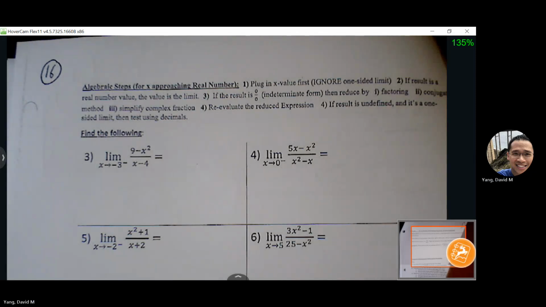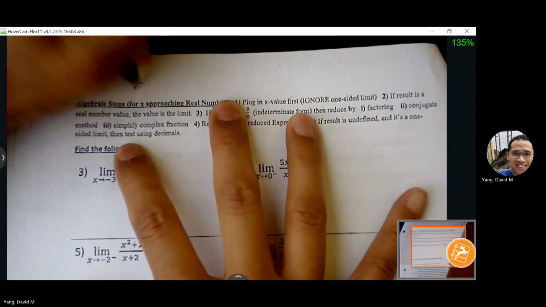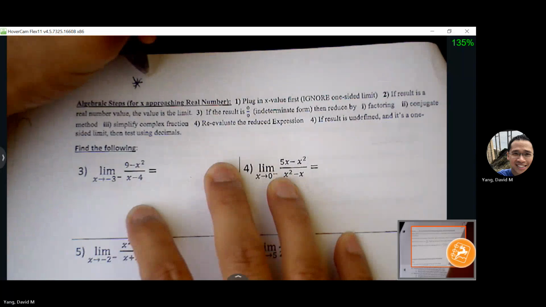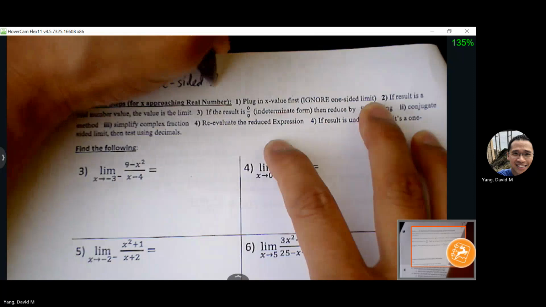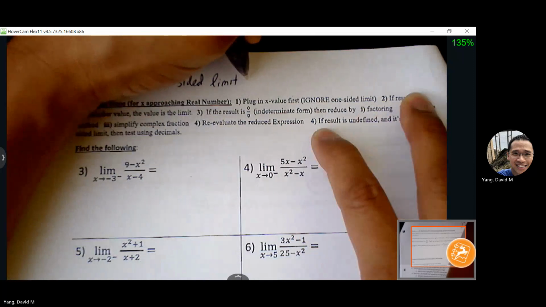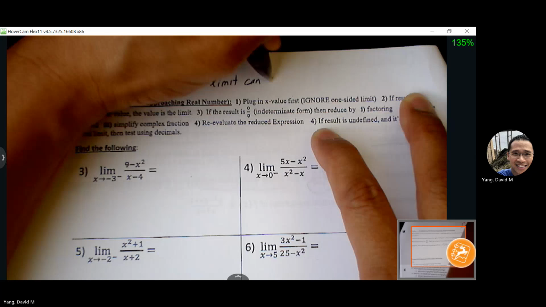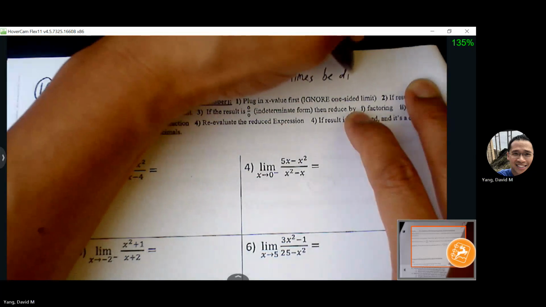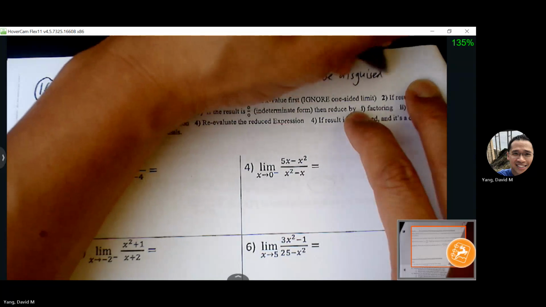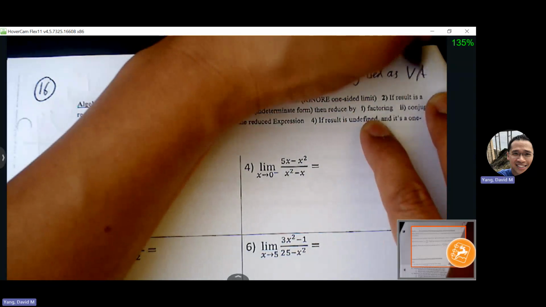Now, here's the danger that students experience: from now on, whenever you see a one-sided limit, you may instantly want to think that must be a decimal, that must be a vertical asymptote, but we don't know. Okay, so sometimes a one-sided limit can be disguised as a vertical asymptote, which is not always true.